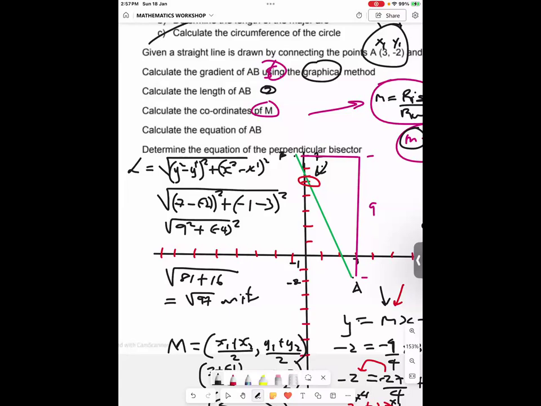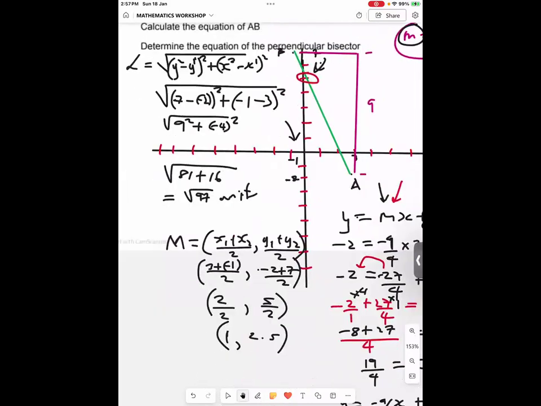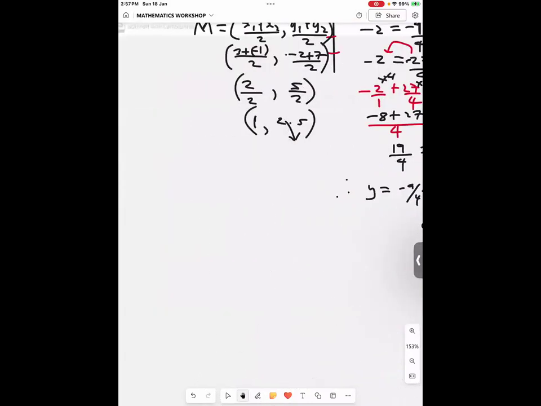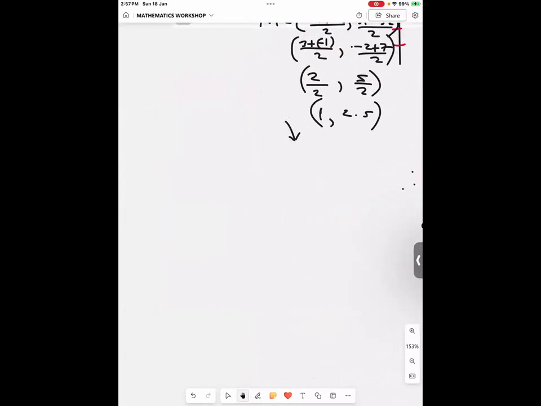When it comes to coordinate geometry, just to cut the working out short, when you hear the word perpendicular, it is related to where you're going to take the gradient.